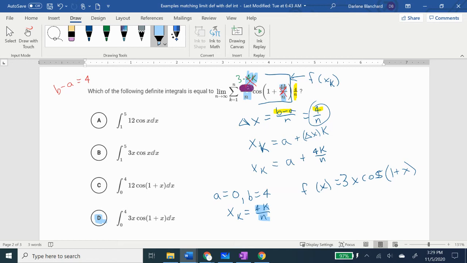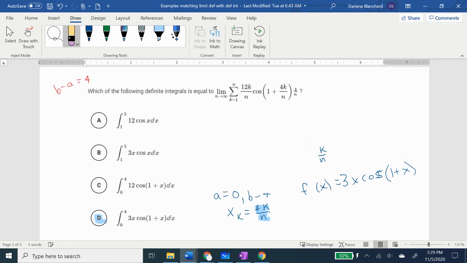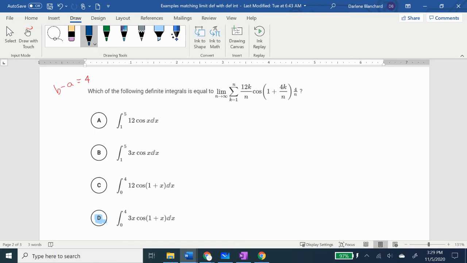So now you might ask, why don't these two that start at 1 work? You can follow me along with why that is the case, or you can look at the next problem that I do and fast forward. So if I'm choosing delta x to be 4 over n, and if I choose my a to be 1, then 1 plus my delta x times k is this right here.